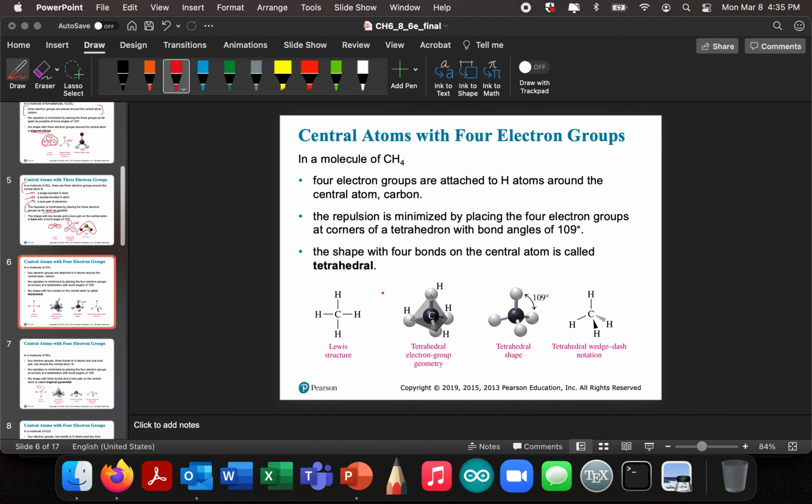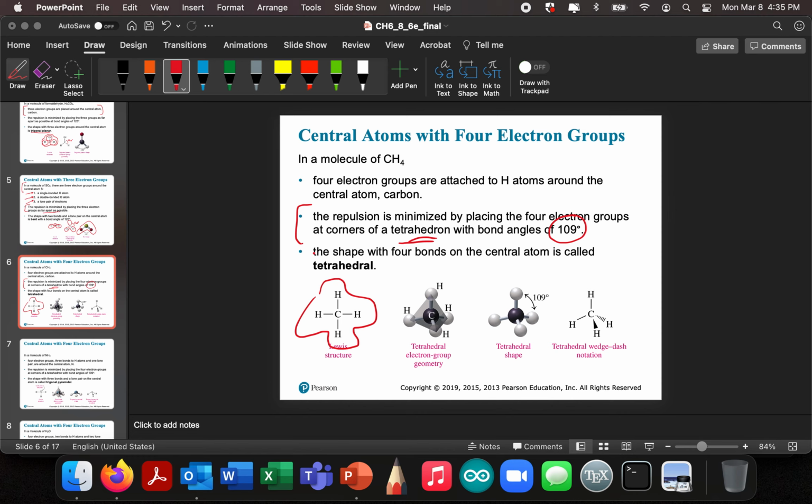Okay? If we have a molecule with 4 electron groups around it, this is how we started the conversation, we would say that in the example of methane, there's our 4 electron groups. The repulsion is minimized by placing the 4 electron groups at corners of a tetrahedron, that is a 3-sided pyramid, with bond angles of about 110 degrees.